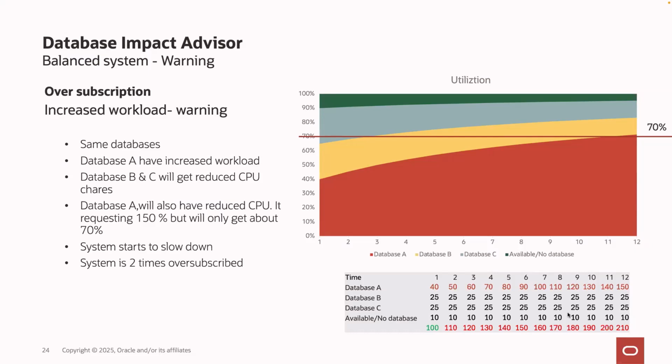And this database will actually not get the resources it asked for because there are not enough resources. The same will happen for the other databases because we have no instance caging. Everyone can use the CPUs. So they request 25% of the resources. But as we see, they will not get their amount.